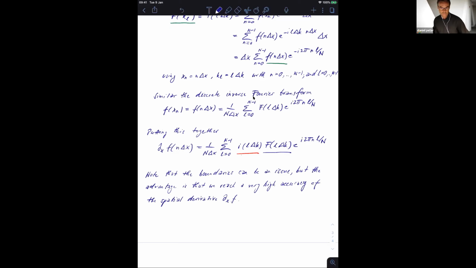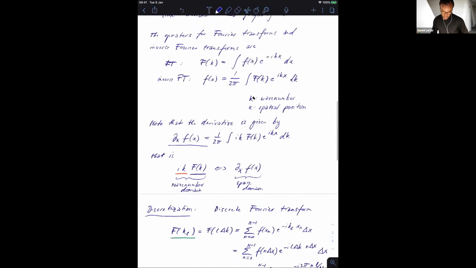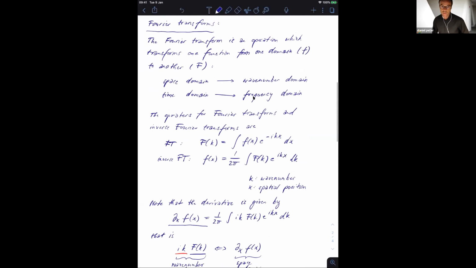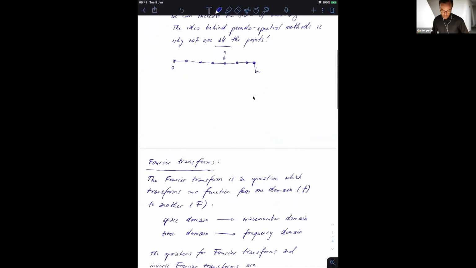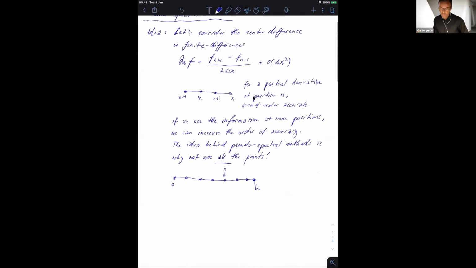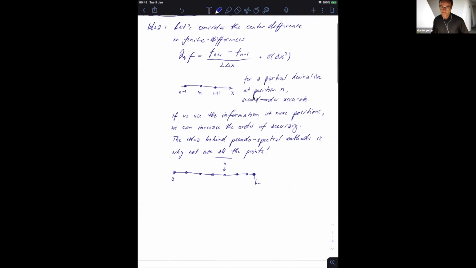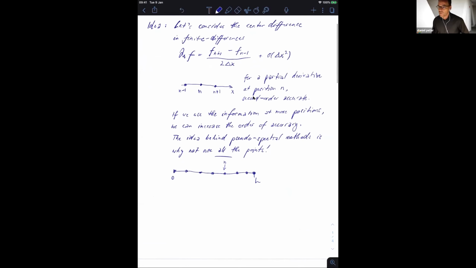So do you have questions about that, about the notes you were reading with these additional points that I added? So the idea is clear of the pseudo-spectral method. We focus on the spatial derivatives, so we want to have the highest possible accuracy, basically.